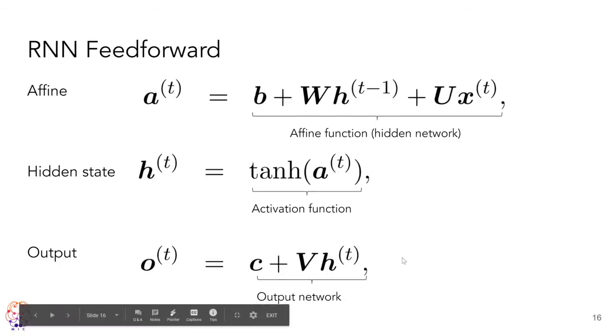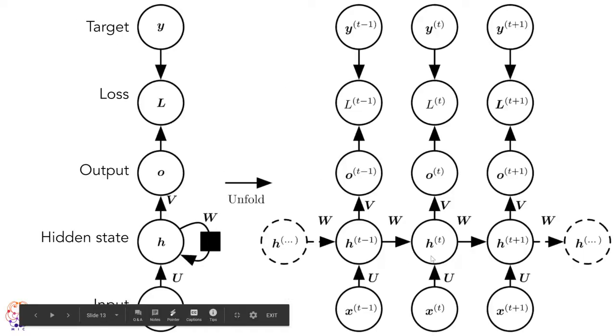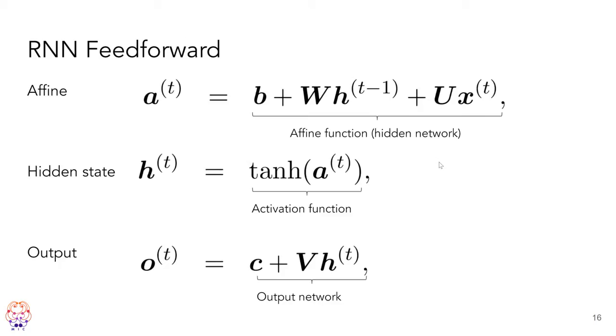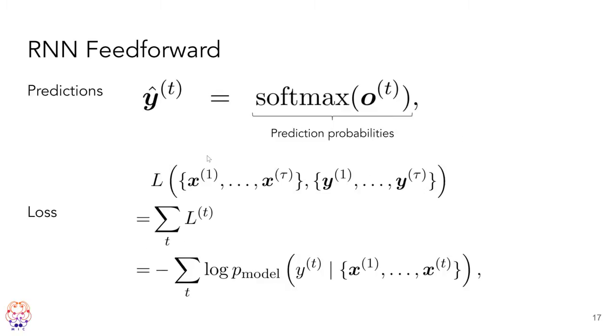In the graph, that corresponds to the hidden state times V plus C equals O. Once we get O, if we're doing classification, we can use our softmax function, because softmax is used for classification when you have multiple classes.